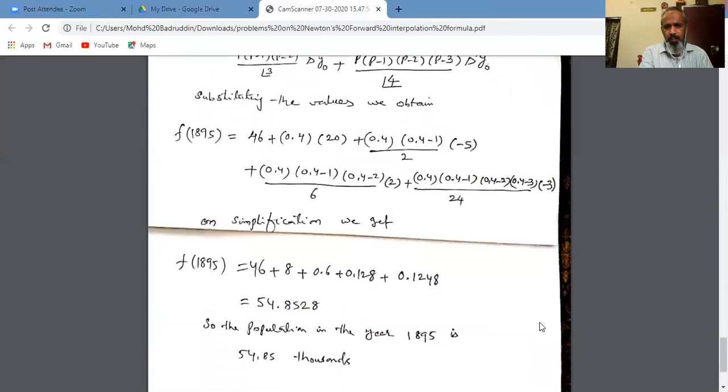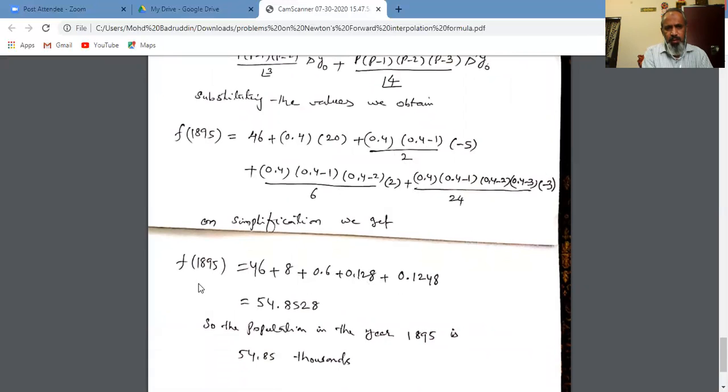Now, on simplification, we get the first value 46, and the second value 20 into 0.4 is 8. The third term after multiplication is 0.6, the fourth term gives 0.0128, and the last value is 0.1248. So adding all these, we get 54.8528.